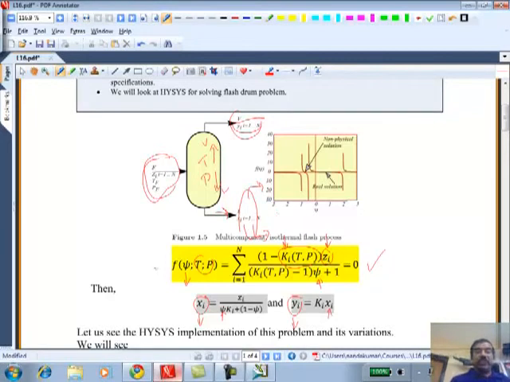What does that mean? You have one flash equation for the first stage, you must write another flash equation for the second stage, and solve in a sequential manner. For the first stage, you can completely solve it, because you know how to get psi by solving this, and you know how to get the x and y. Then you know what the liquid rate is and the composition. That becomes the feed to the next stage.